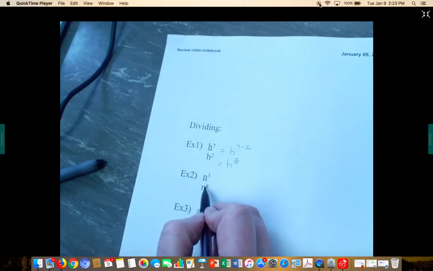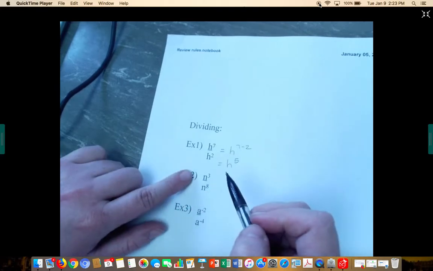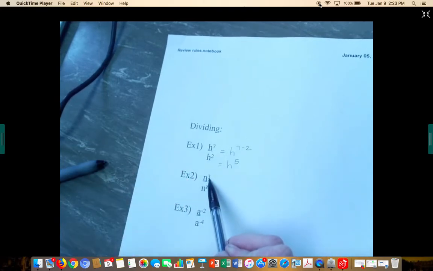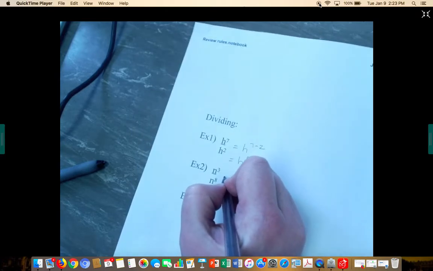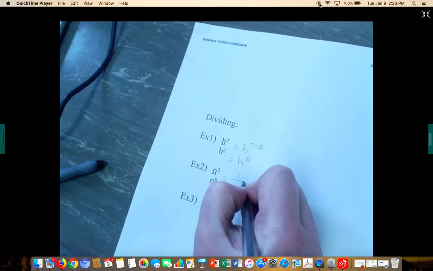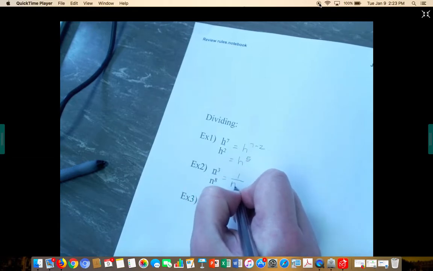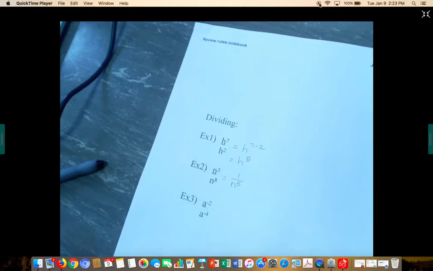All right, if we look here, we subtract these. I have 3 on the top and 8 on the bottom. So when I subtract those, I'm going to get a negative number. So this is going to stay on the bottom. We can also see the larger number is on the bottom, so it's going to stay down there. So 1, and then if I subtract those, I get 5, so 1 over n to the 5th power.